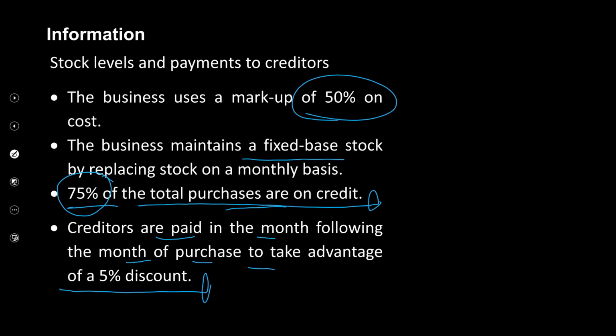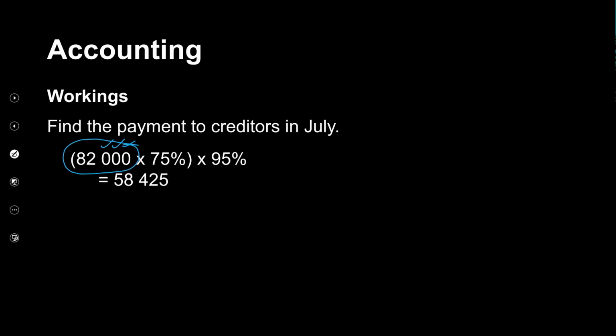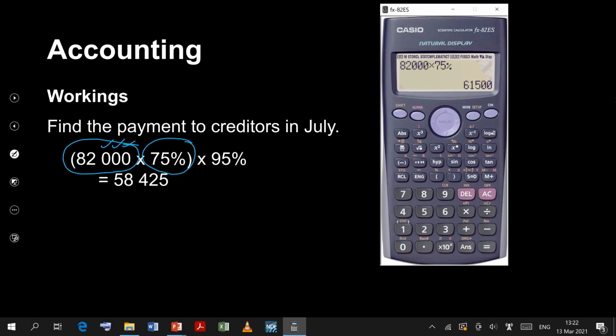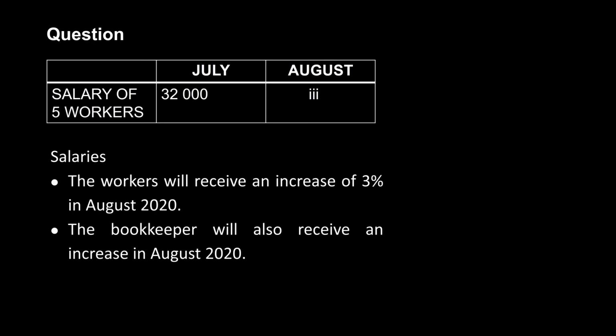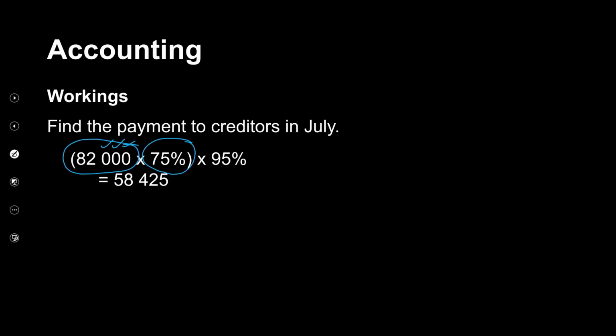So therefore, we took our figure of 82,000 Rand, which we calculated, times the 75%, and we worked it out to be 61,500. Okay? 61,500. Here we go. That's just a component of that calculation. I'm just showing it to illustrate to you how you got that 61,500. It was your 82,000 times the 75%.